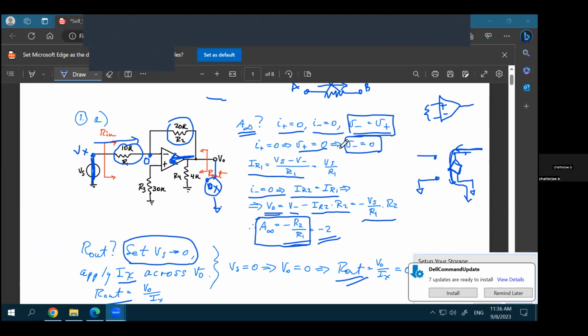You just solve the KCL and KVL and you'll get to this. That's something we did in the class. So A divided by 1 plus A beta is the overall gain of the system.